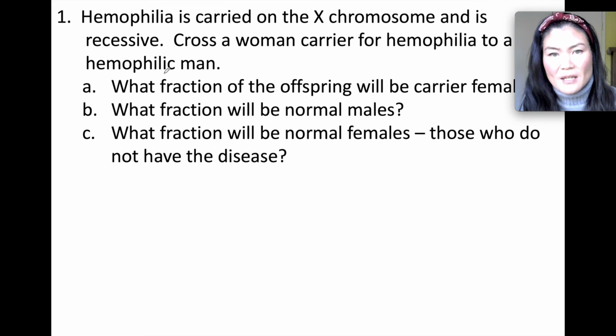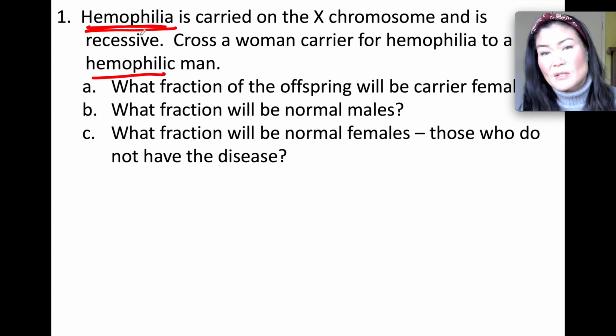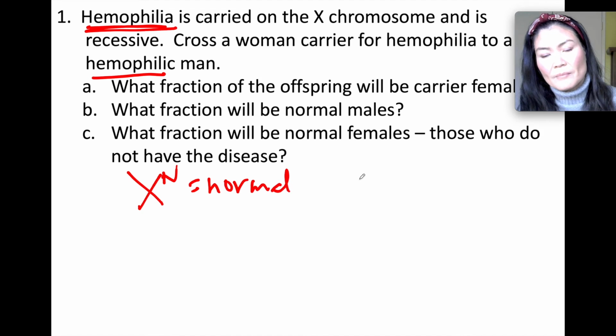Okay? And then he's hemophilia. So hemophilia is a genetic disorder that is recessive. So I'm going to write X big N for normal. X little n is going to be hemophilia.